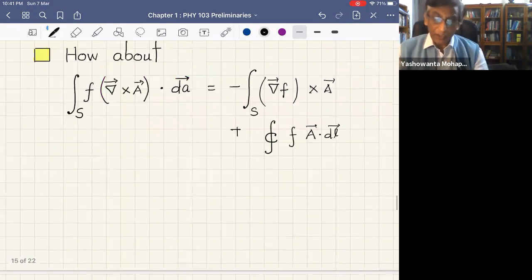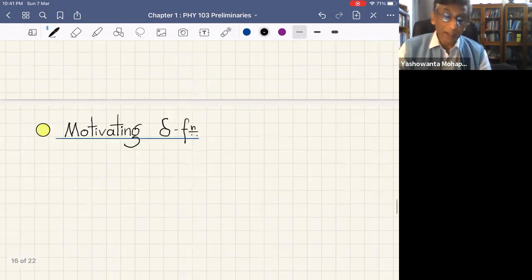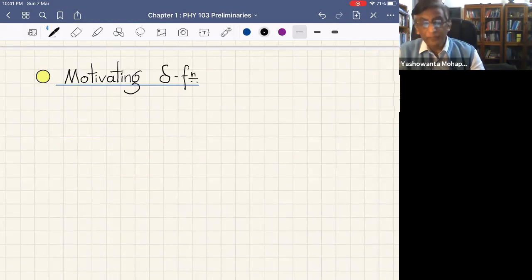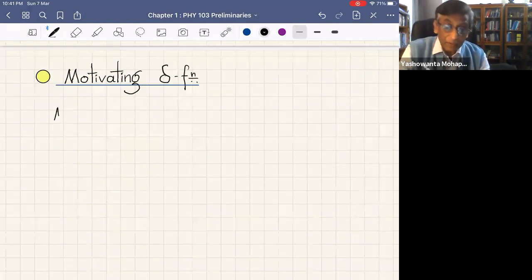Now let me come to the next preliminary, which is motivating a delta function. I'm not sure you have done it, but let me motivate by saying that in mechanics, you have already seen or used an impulse. What's an impulse?